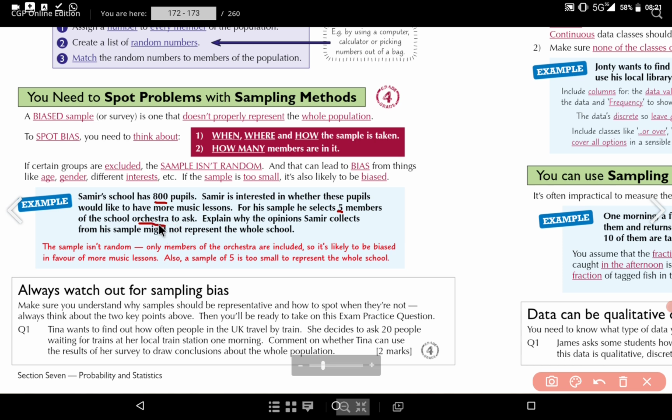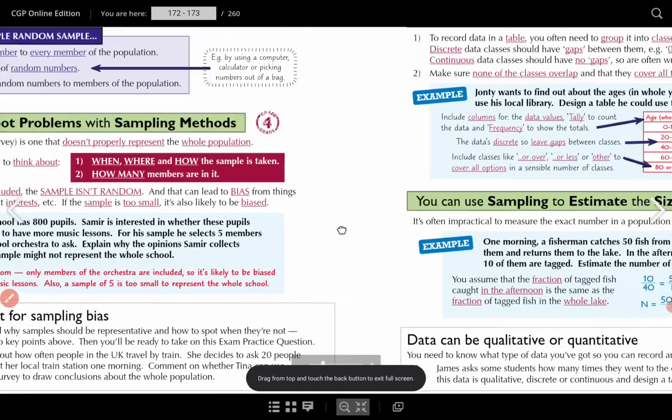Because of this, these people are already in music, so they are not going to represent the whole population. The sample isn't random, only members of the orchestra are included, so it's likely to be biased because they already love music and are in favor of more music lessons. That is what biased samples actually look like. So we move further.